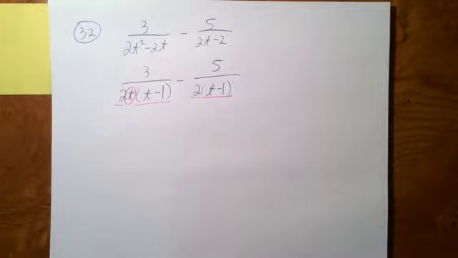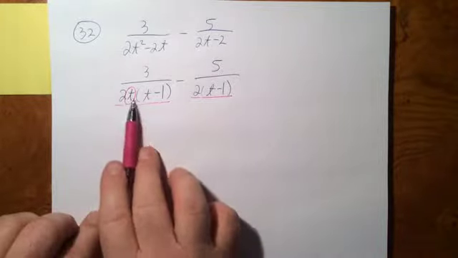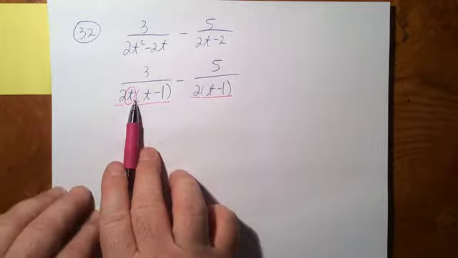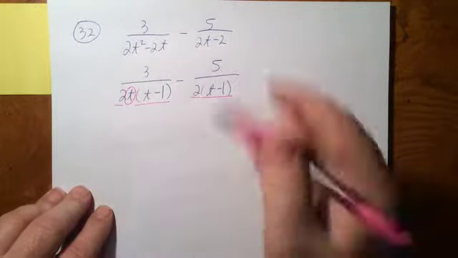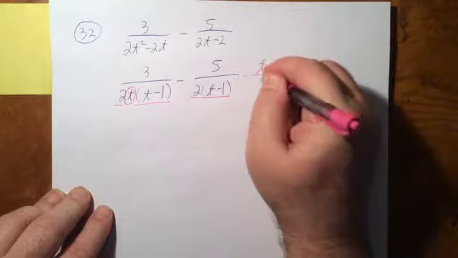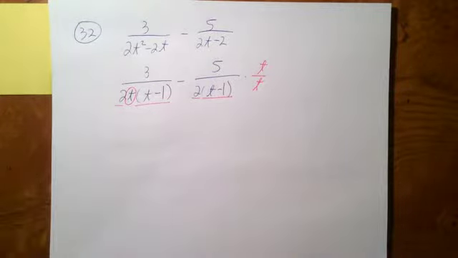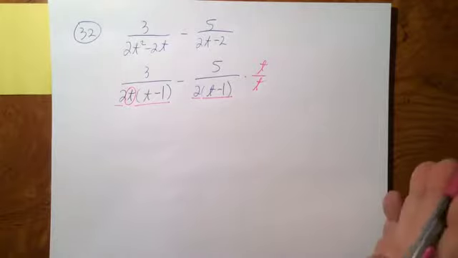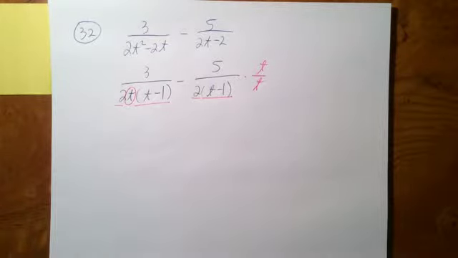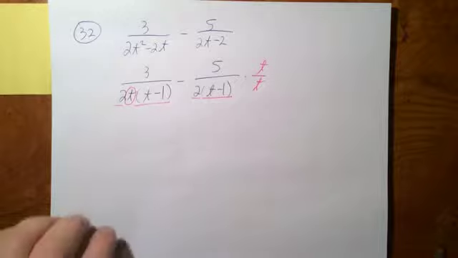A good thing to note about this one is because only one fraction has an uncommon factor, we need to take this t and multiply the other fraction by it. So it's just clean, and it's a nicer problem than having two fractions that have unlike factors in the denominator in both of them that we have to multiply both by.